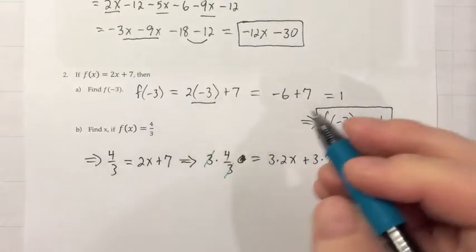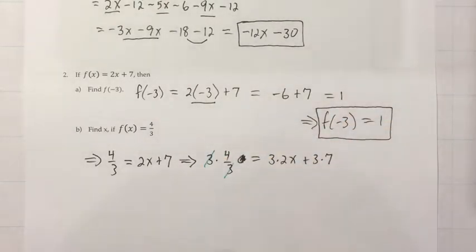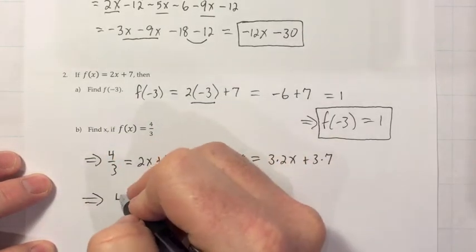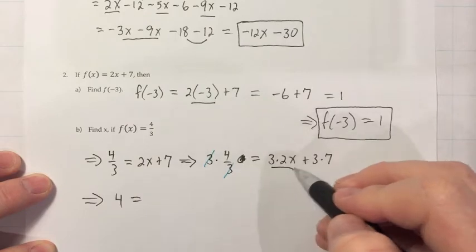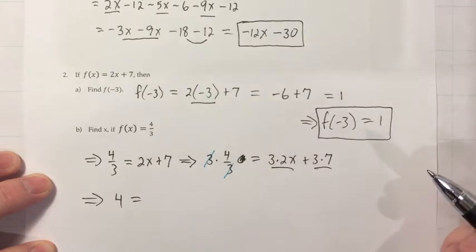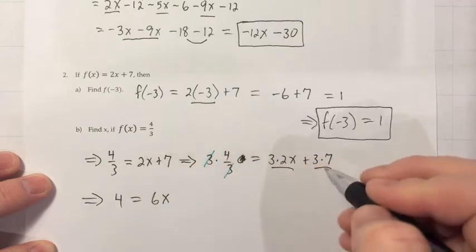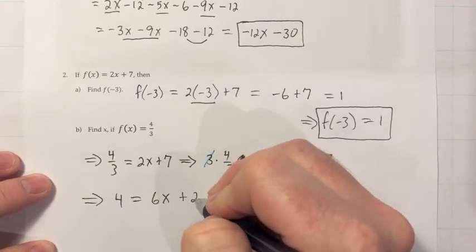These 3's cancel off, and then we're left with an equation that doesn't have fractions in it anymore. So all that's left over here on the left side of our equation is the 4. On the other side we do the multiplication. There's nothing to cancel because there's no fractions. So 3 times 2x is 6x, plus 3 times 7 is 21.